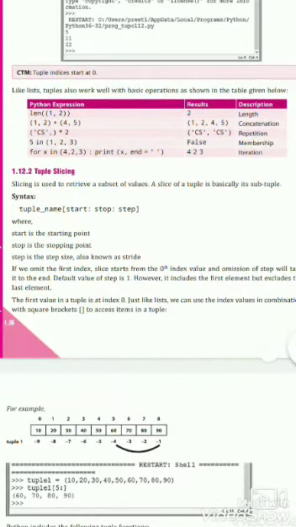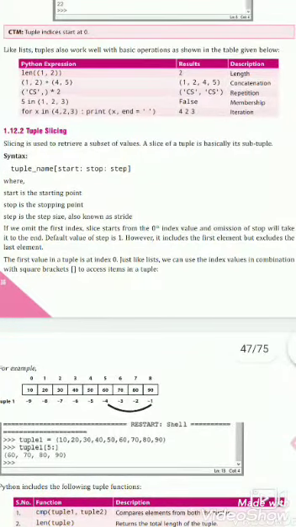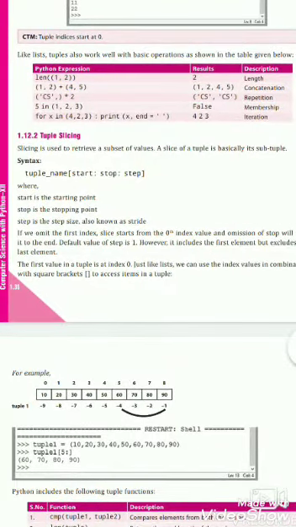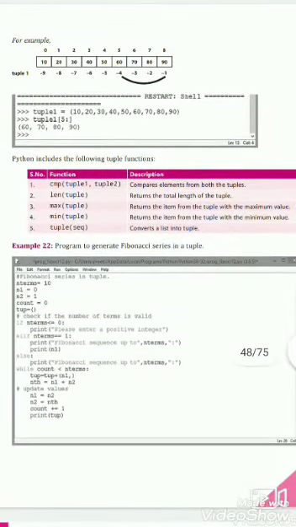Let's understand some operations or Python expressions. Lists and tuples also work well with basic operations as shown in the table given below. So let's use these operations and also use these functions. After that we create a program to generate a Fibonacci series in a tuple.